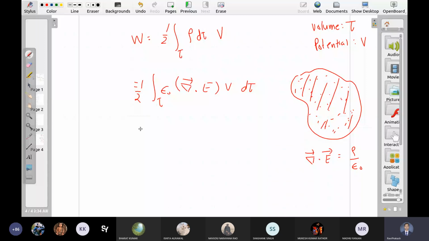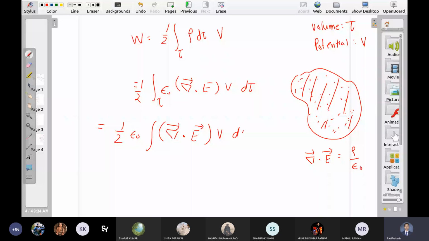Or let me solve it. Let me see if I can solve it. Half epsilon naught del dot E V d tau.